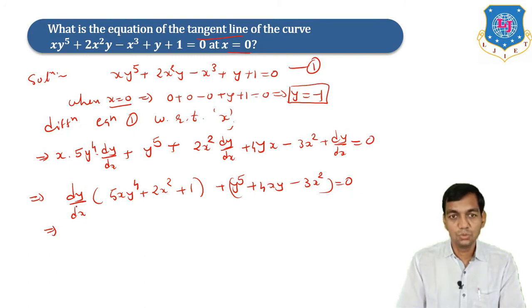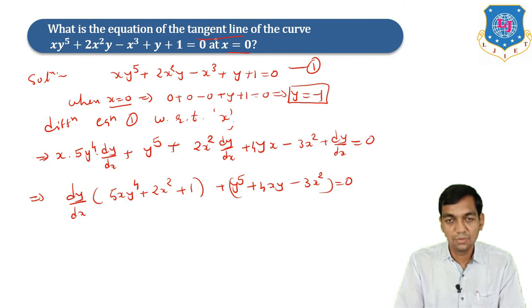And if you are going to put, see, we have to find the equation of a tangent line. For that we require a slope, that means we require dy by dx. That's why we have to find out dy by dx at x is equal to 0 and y is equal to minus 1. So put it here, x is 0 and y is minus 1.